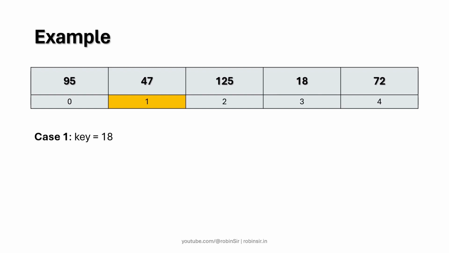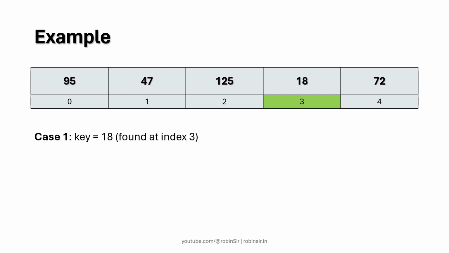So the index counter will once again increase and it will become 2. At 2, we got 125, still not 18. So once again the index counter increases. And finally at index 3, we found 18. So this is an example where the key was found.